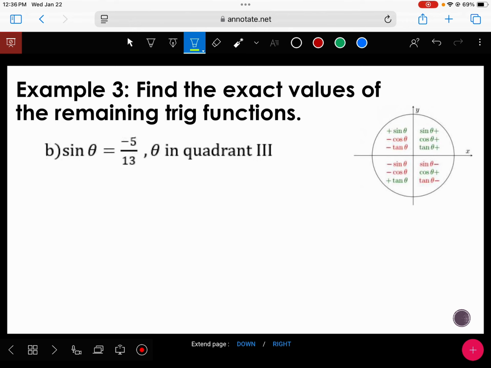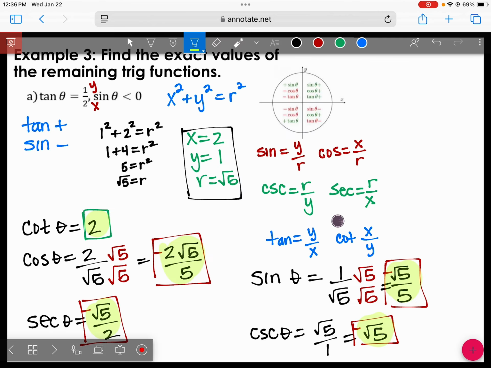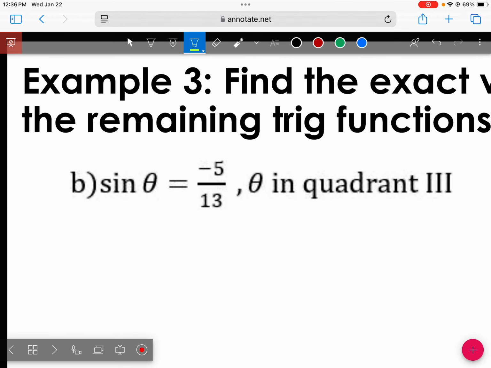So using x, y, and r, what did we say sine was equal to? Y over r. So in this example, they gave us the y, and they gave us r. And what are we missing? X. We have to find x.